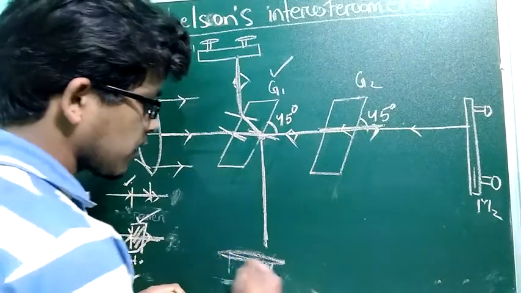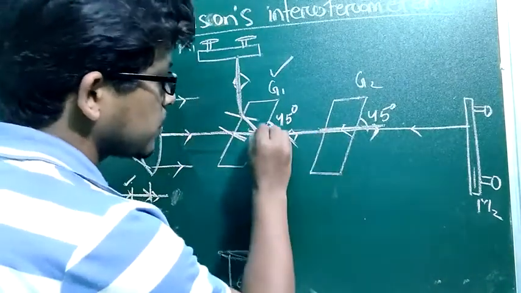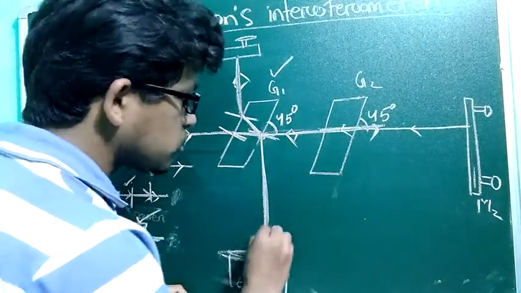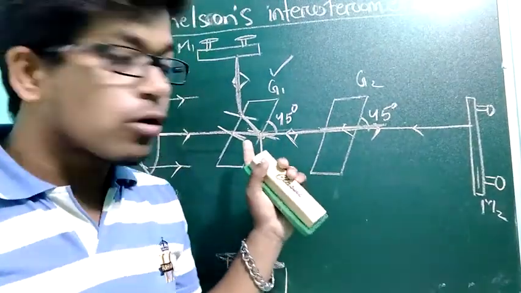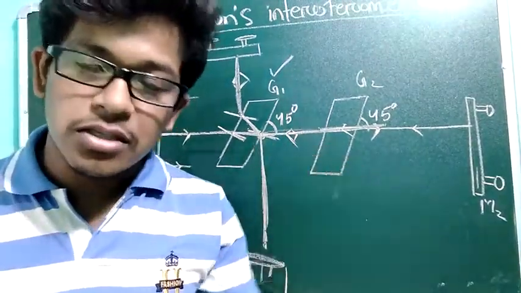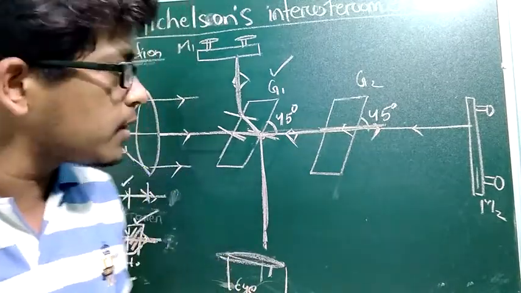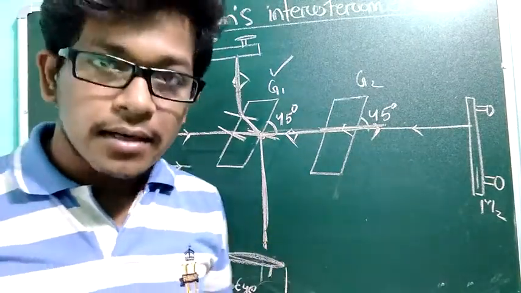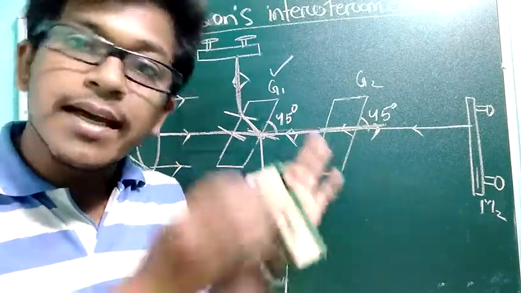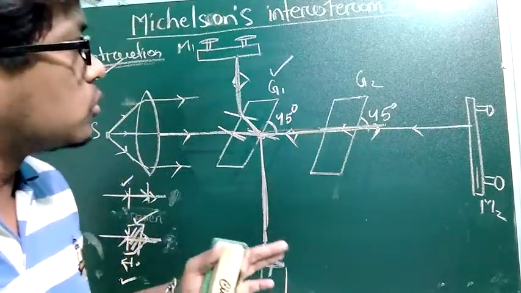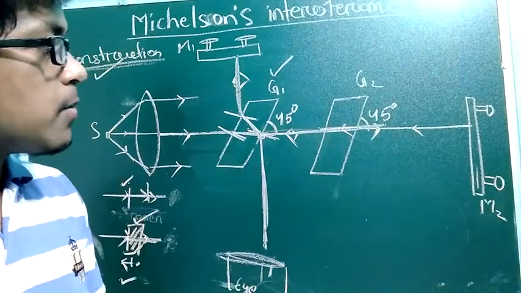And here are our eyes, this light is coming, this light is coming. As two types of rays are coming, there will be a superposition, destructive or constructive, whatever it may be, that we will see in our next session, how mathematically we can show this. So okay, this much is about Michelson.